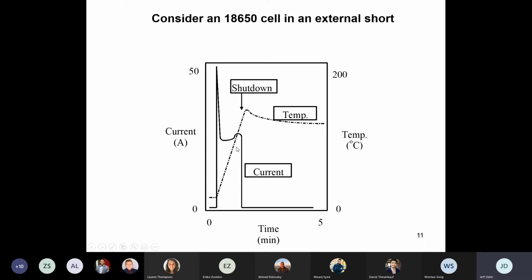But when you integrate under this current time curve, you learn that only about 1/3 of the capacity of the cell has been discharged. So why did the current stop? The current stops because the polymer separator melts and the pores within it close. That's called shutdown. All right. So the shutdown feature of a separator is really important.